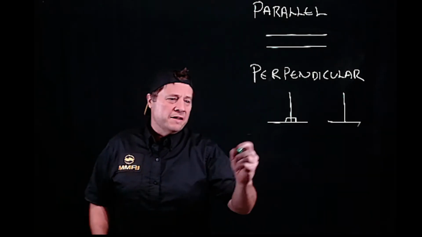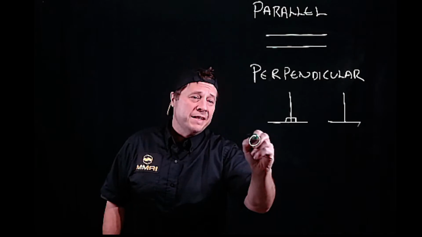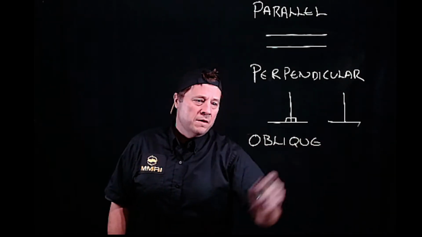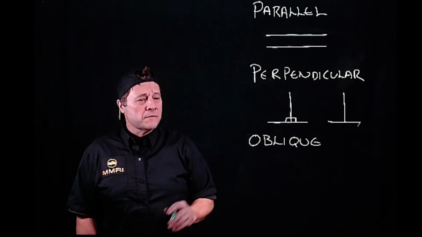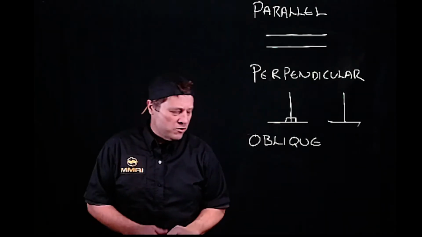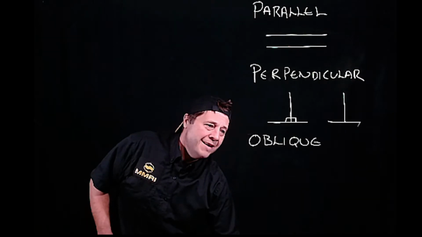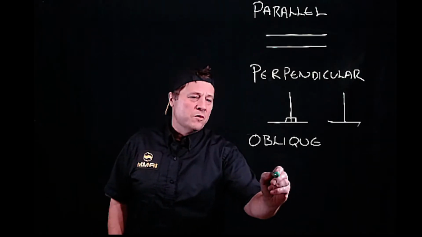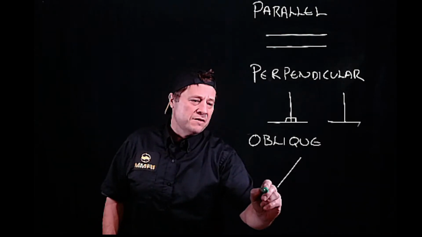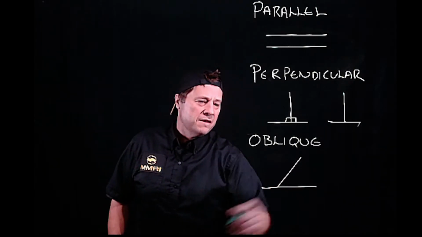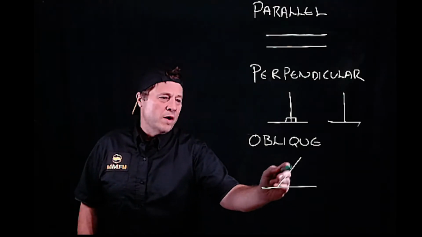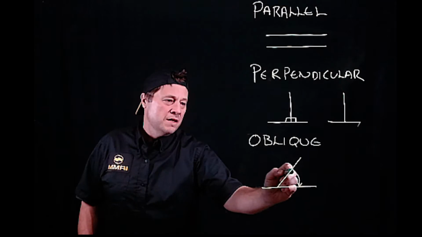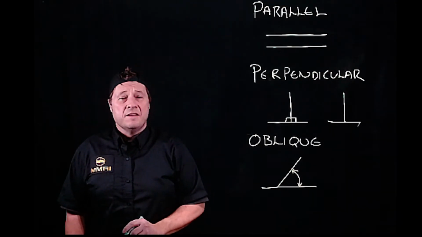The other type of line that we want to talk about is an oblique line. An oblique line meets or intersects at an angle other than 90 degrees. So if I were to draw a line like this and like this, where they meet, they meet at an angle other than 90 degrees.